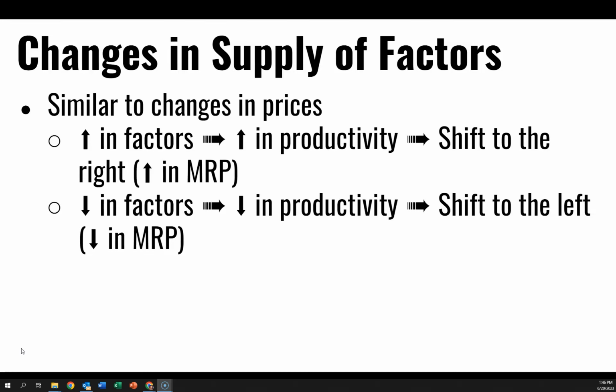Or if I took away sewing machines for some reason, then that would reduce the availability of various factors of production, which would reduce our productivity. That would make each worker less valuable than before and cause a left shift in the marginal revenue product or the demand curve for that factor.